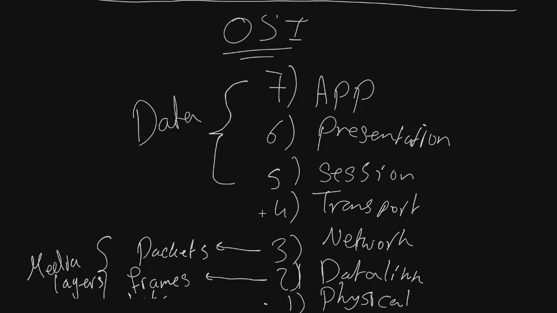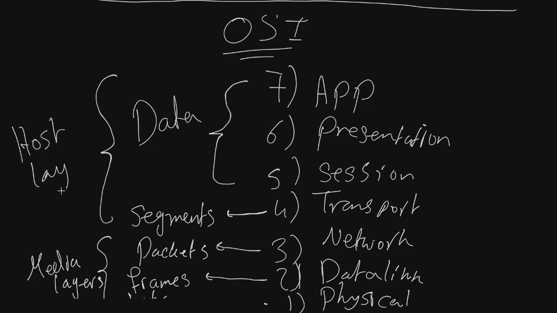Then there is transport, which sends a bunch of packets next to each other, called segments. These 4 lower layers are called host layers. So what are even these layers?